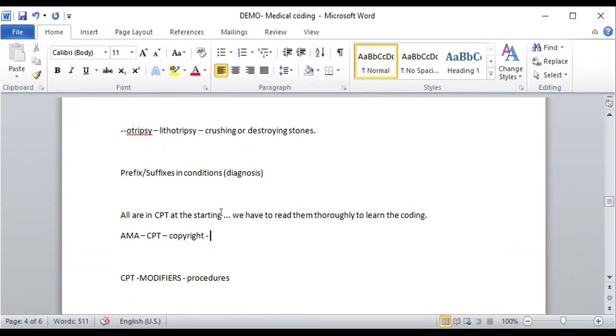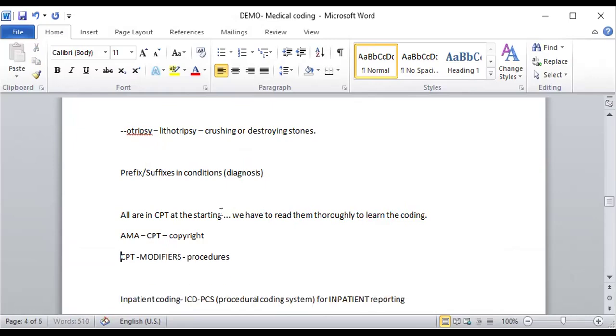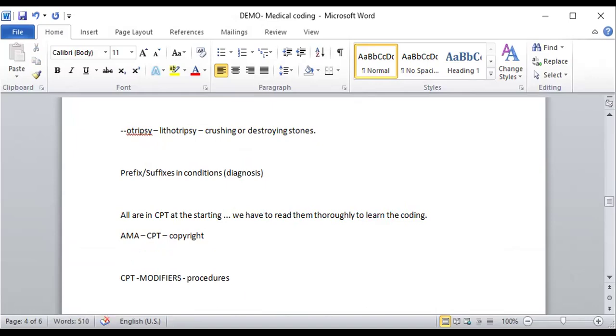Whenever I share a CPT code, I will share only short forms of the CPT descriptions. Please make a note of it.